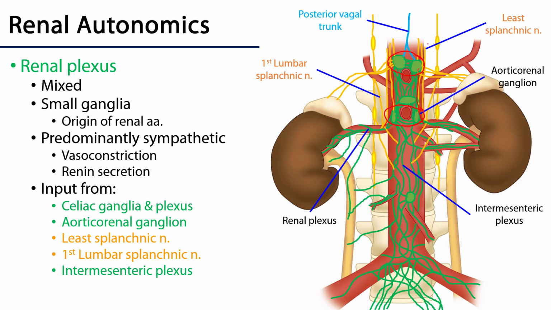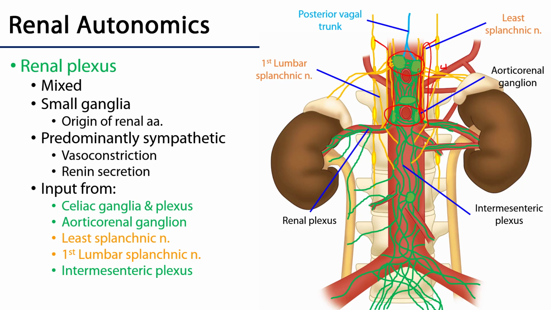The least thoracic splanchnic nerve, when it's present, this is coming down from T12 there, is going to provide a direct input to the renal plexus, as is the splanchnic nerve from the first lumbar ganglion.